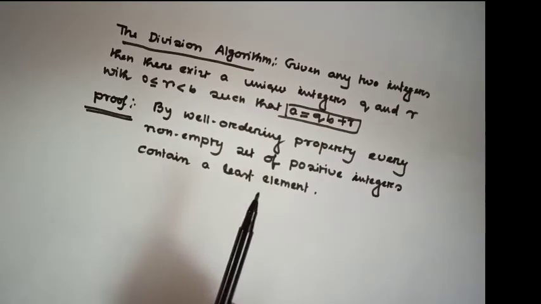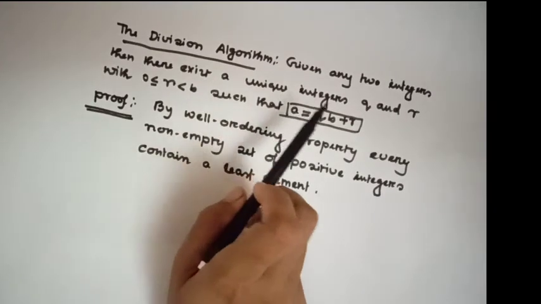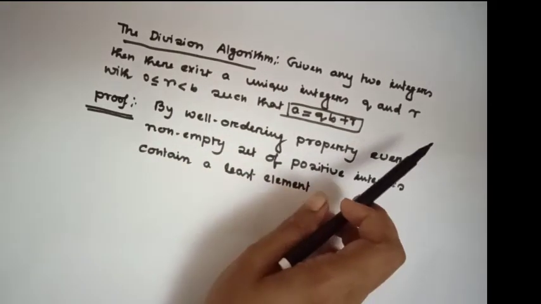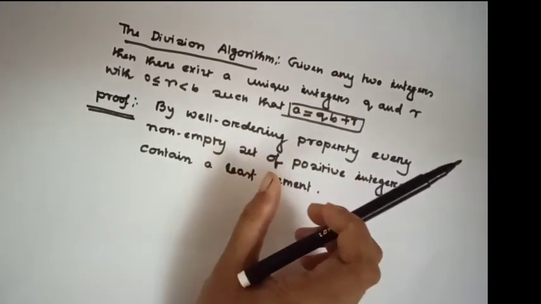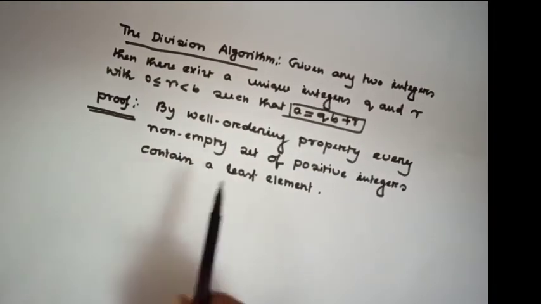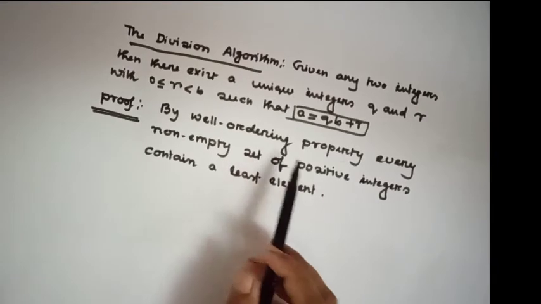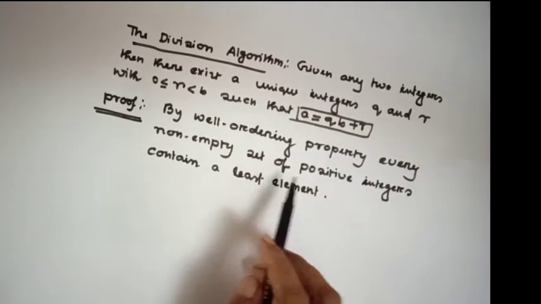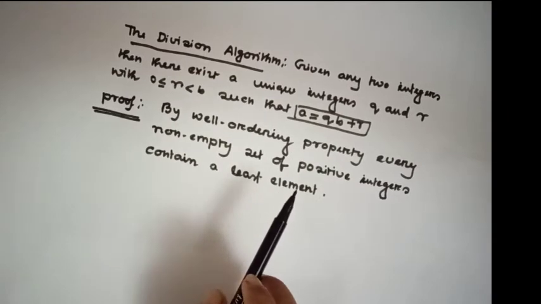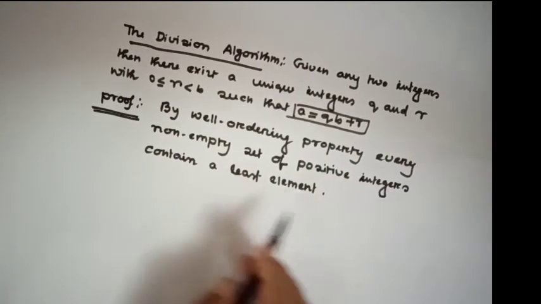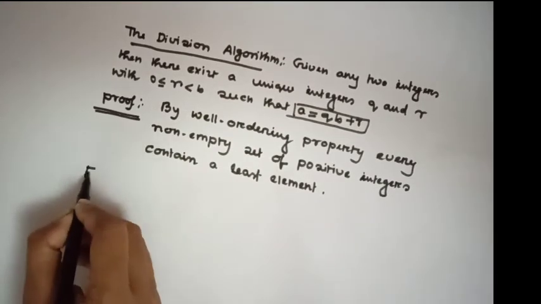Now let's see the proof. We have to prove there exist such unique integers q and r. That means at first we have to prove existence. We all know the well ordering property of natural numbers. By the well ordering property, every non-empty set of positive integers contains a least element.